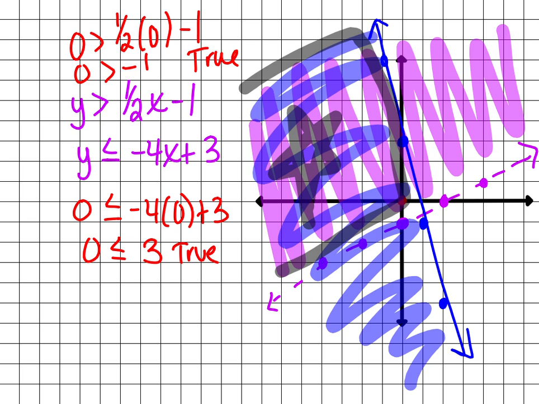Let's take a look at another example, but this time let's make it where we're going to need to solve at least one of them for y. So if I was given the linear inequality negative 2y is less than or equal to x minus 2, and also y greater than or equal to negative 1/2 x plus 4.